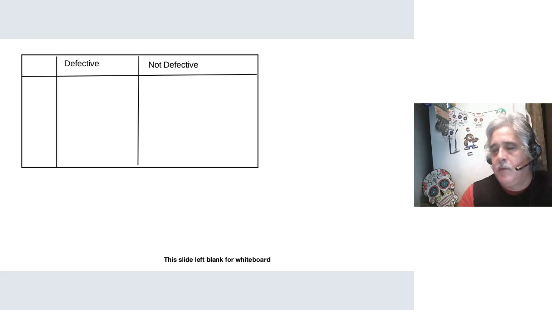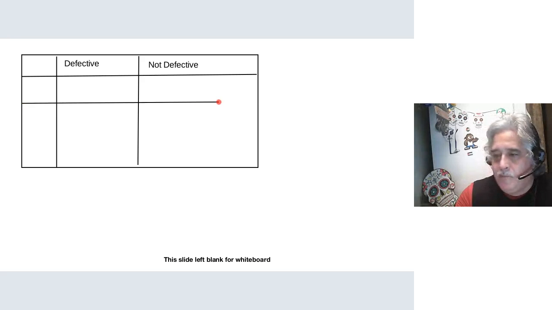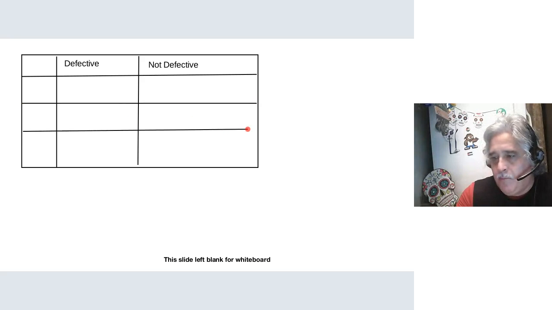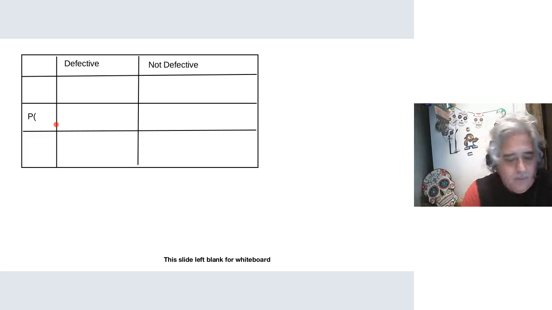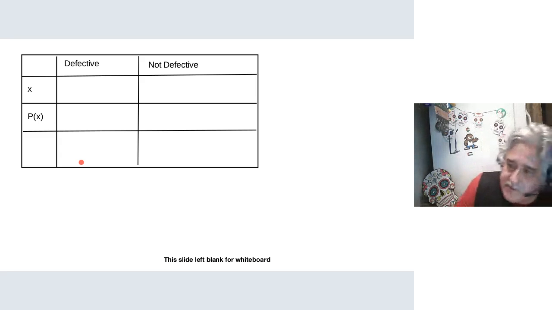All right, so they give us the probabilities. So I'm going to write those in there because I want to be able to think about the other things first. So probability of X, and then this is just going to be X. All right, and we'll talk about what X is in each case in a second.